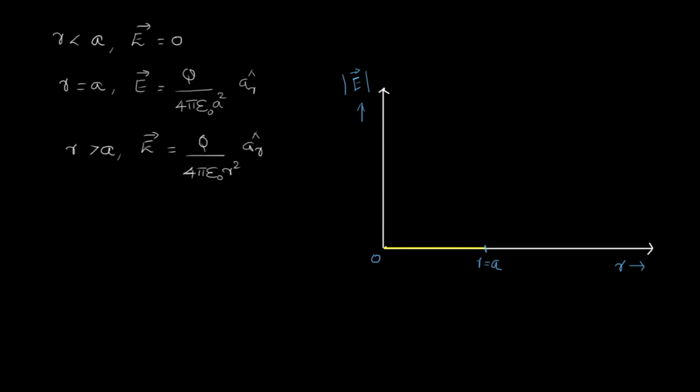Now at R equal to A, what happens? At R equal to A, I have the value Q divided by 4 pi epsilon A square, or I have a better equation. What was that equation? Rho S by epsilon.